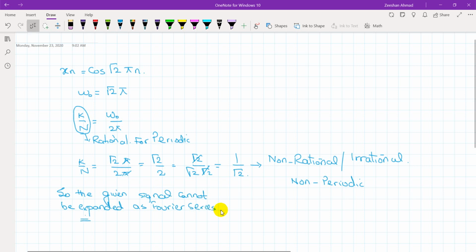Also, we don't have any magnitude and phase spectrum for it. Normally, whenever you have a problem, most probably you will get a periodic signal, but for discrete time, you had better check it.